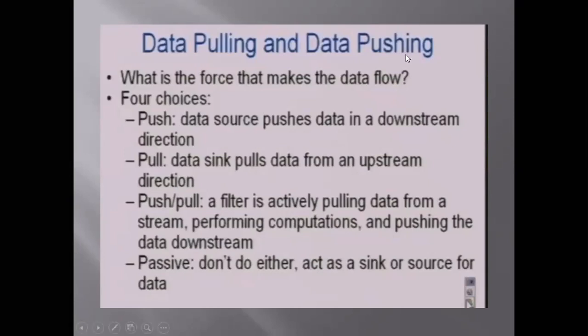And there can be a push-pull combination, where a filter is actively pulling data from a stream, performing computations, and pushing it downstream. So it can be a type of active filter, performing both push and pull. And when we speak about passive, they do neither of these things. They act just like a destination or a source.